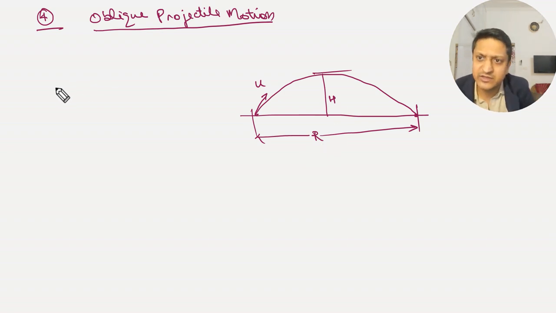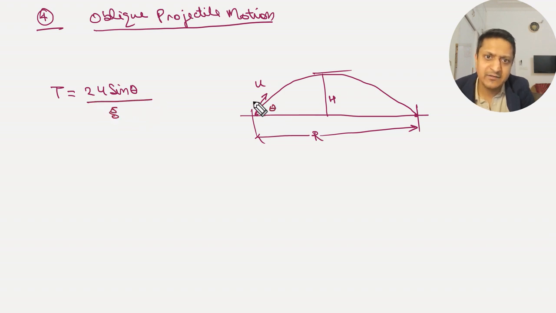I'll just give you the time of flight formula, that is 2u sine theta upon g. Theta is the angle, so the velocity is making theta angle with the x-axis. And the range formula is u square sine 2 theta.